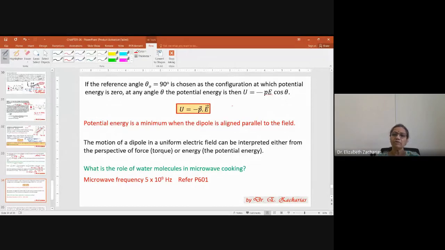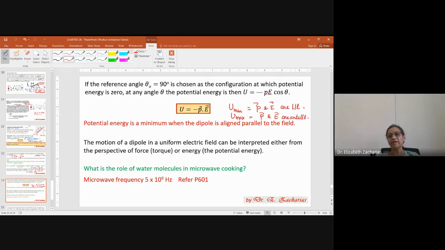And you see here, when will U be a minimum? U will be a minimum when P and E are parallel. And U will be a maximum when P and E are anti-parallel.